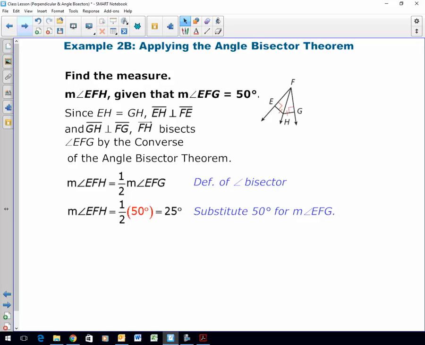And if it's an angle bisector, it means that EFH and GFH are congruent. If the big one is 50, then cut it in half. The little ones would be 25.